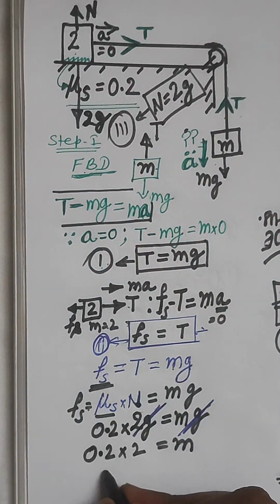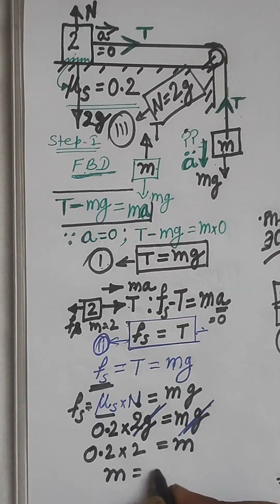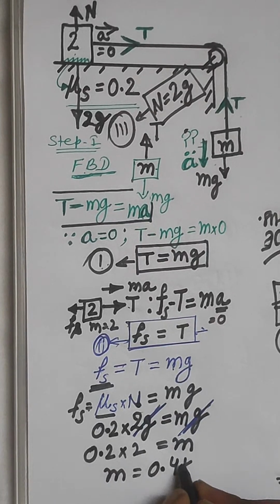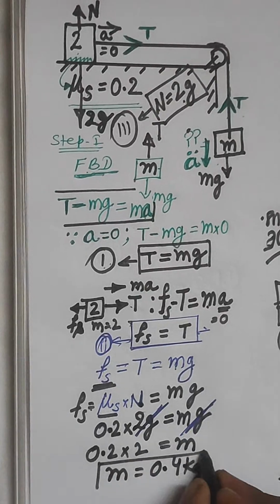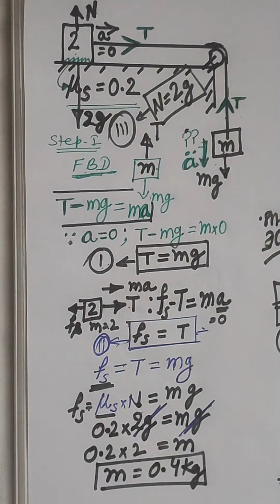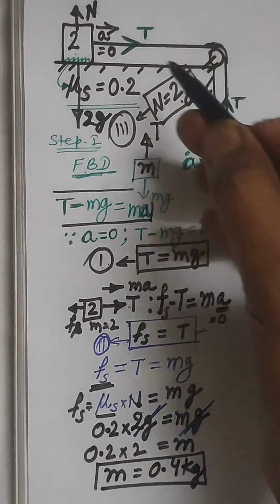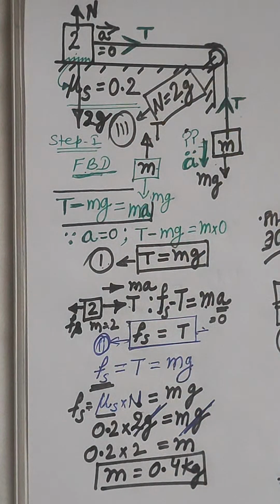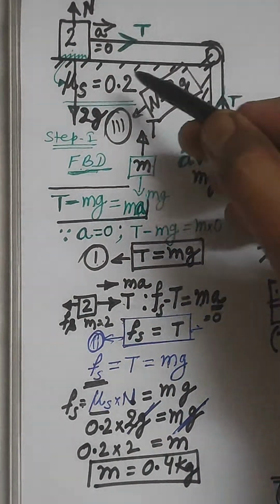So m is coming as equal to 0.4 kg. Unless you apply a mass greater than 0.4 kg, this mass will not slide, it will not move because of this static friction.